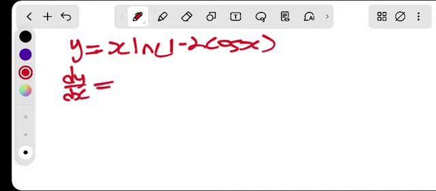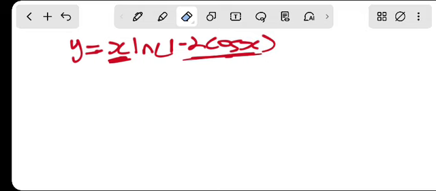So here we have x and also ln. These are products, guys, so we have to apply what? Product rule. We must apply product rule. What does product rule say?